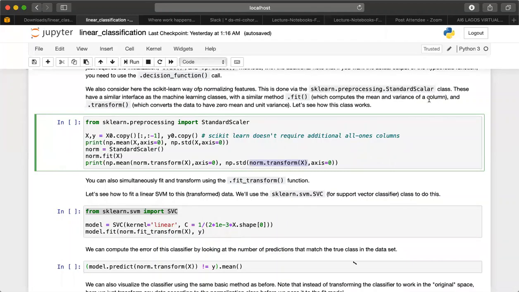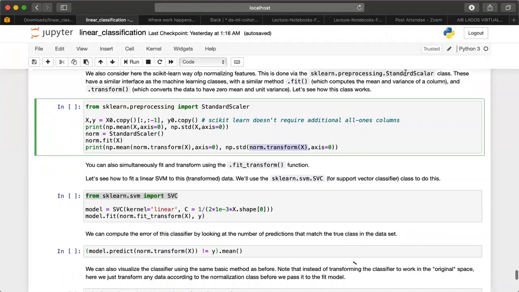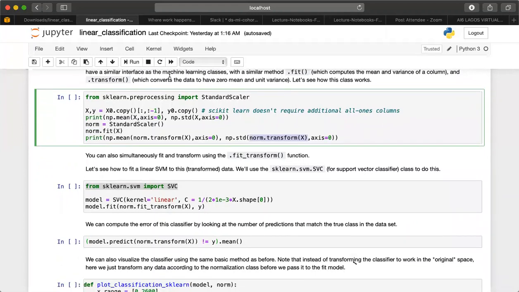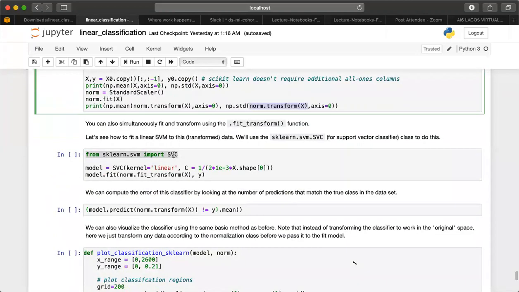And .transform converts the data to have zero mean and unit variance. So if that is what you want to use for your normalization with scikit-learn, you don't actually need to explicitly write the equations. Scikit-learn has these equations in them, and you can just pass your data into these functions and get your output, right?